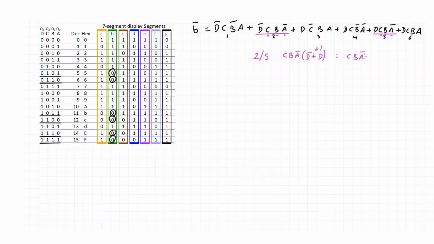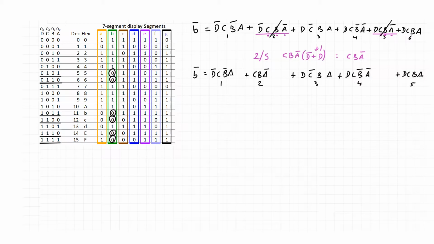So we have C B not A multiplied by 1, because that's D or not D. So write out the expressions again with any changes that we've made. Get rid of those two terms and replace them with the overall output that we created with the complement law. And then write down any existing terms. And look at those for similarities and differences.